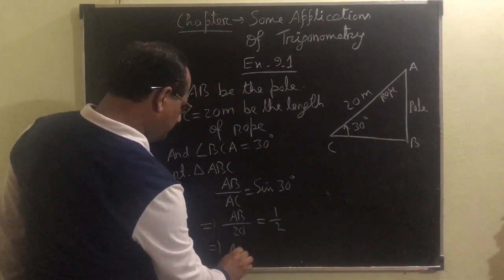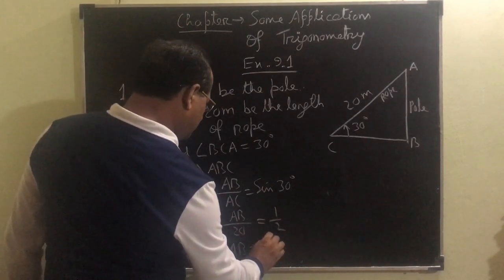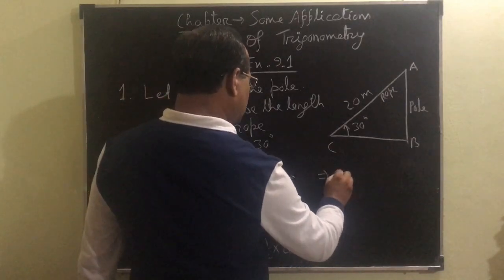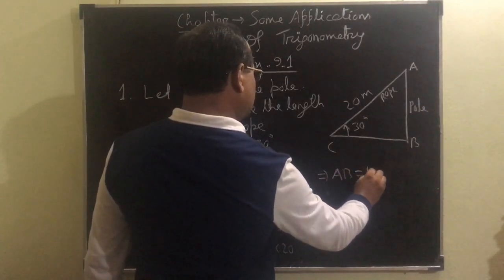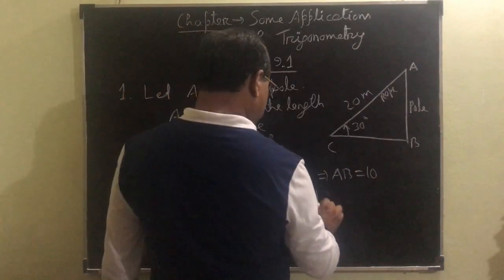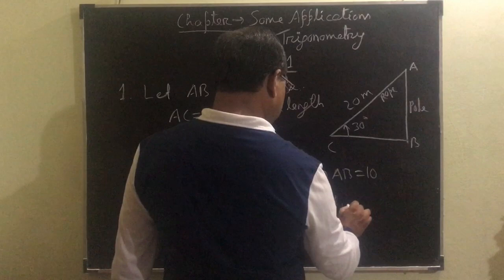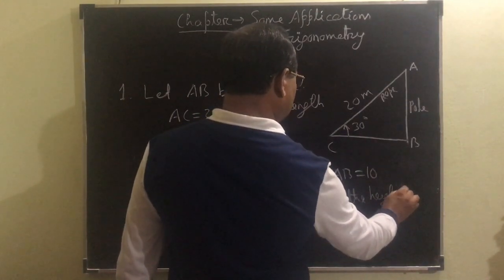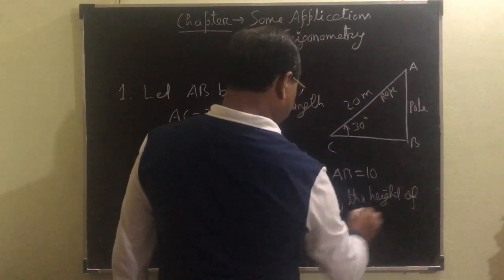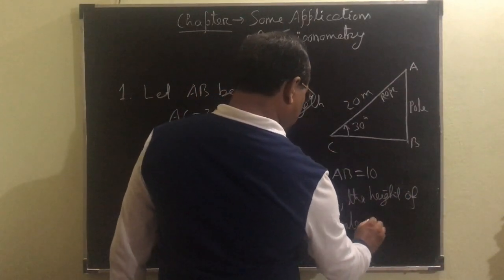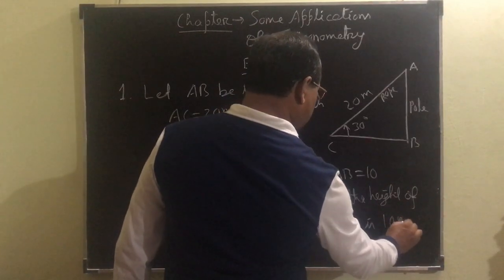That is AB equals 1 by 2 into 20, which implies AB equals 10. Hence, the height of the pole is 10 meters. This is the answer.